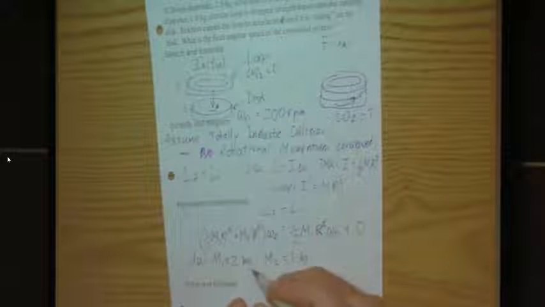So I end up with 1/2 of 2 plus 1 times omega final is equal to 1/2 of 2 times omega initial 1. Solving that all out, I get omega final is equal to omega initial 1 divided by 2.